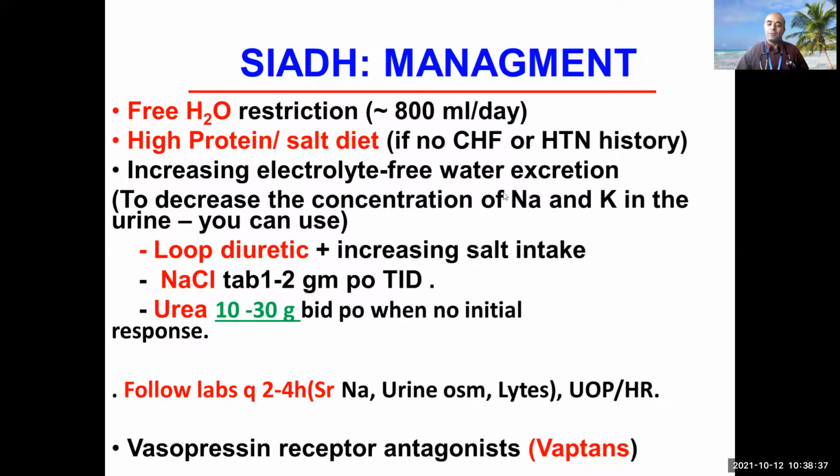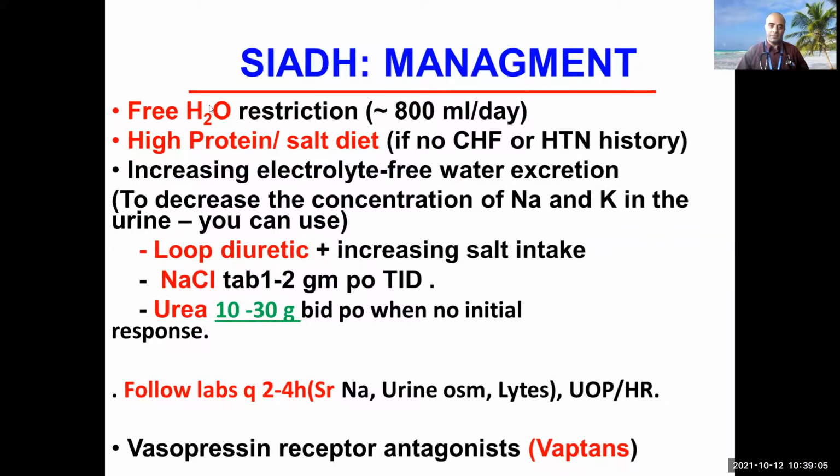If the patient has no congestive heart failure and no hypertension, and increased electrolyte-free water, I will excrete water only by using loop diuretics. Increase salt intake; we can give sodium chloride tablets, 1 to 2 grams orally TID, and you can use urea 10, 15, 20, or 30 grams, BID or TID, according to response and your follow-up.